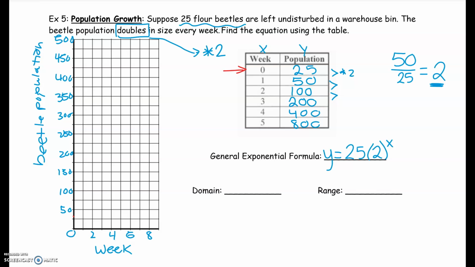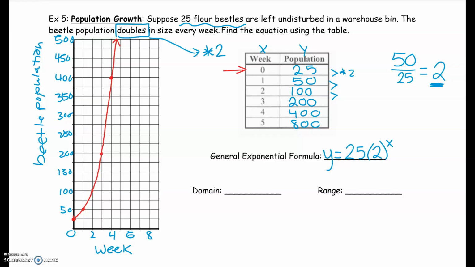All right, and when we put this on the graph, I'm just plotting each one of these ordered pairs. So 0, 25, 1, 50, 2, 100, 3, 200, 4, 400, and 5, 800 is off the graph. So I'm going to connect this the best I can. And I'm going to put an arrow going up because it's going to keep going, but no arrow on the left-hand side.